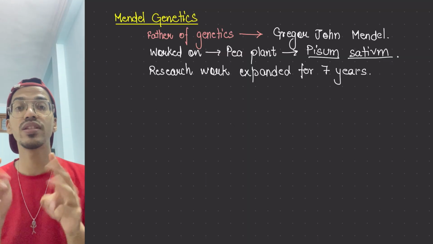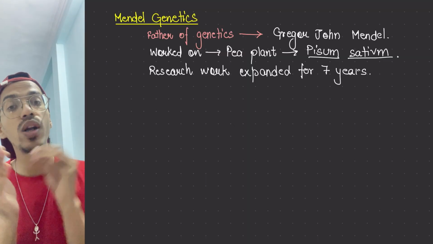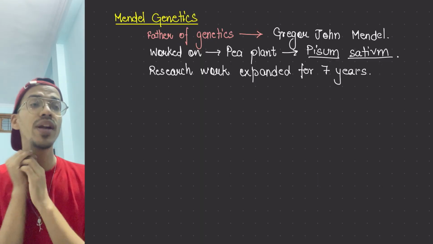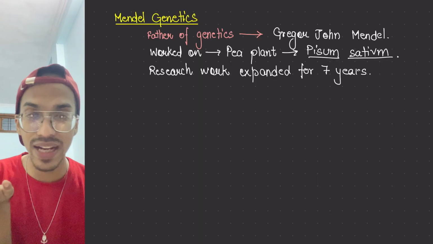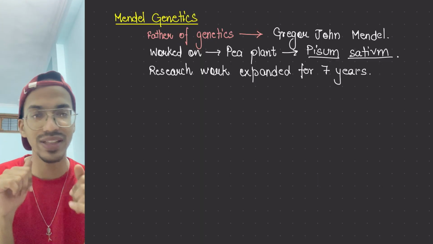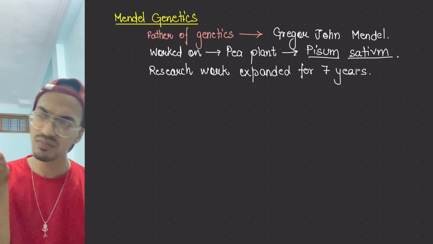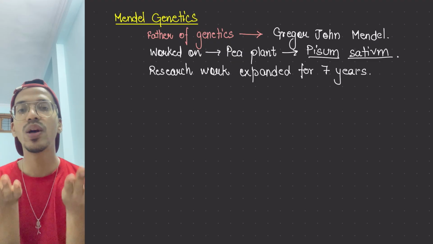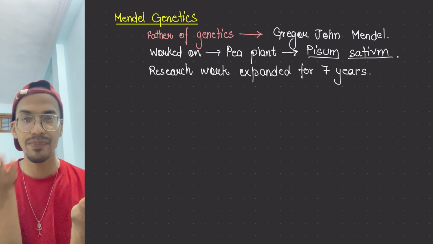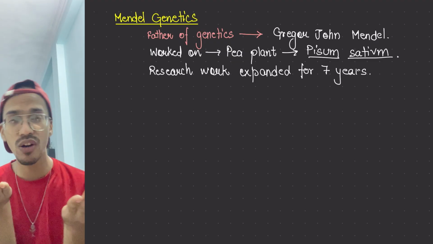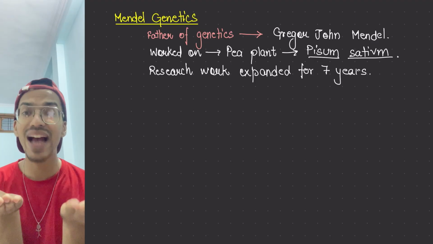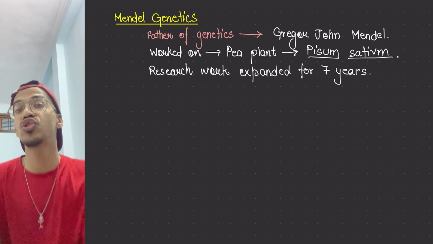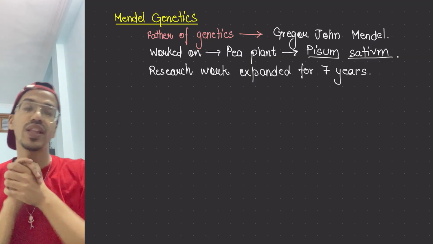The next very important thing is that controlled breeding can be done on it. When I say controlled breeding, what do I mean? For example, if you have one variety of cow and another variety of cow, maybe the female cow gives a high yield of milk, whereas the bull has high endurance, means the bull is very strong and can lift a lot of things.